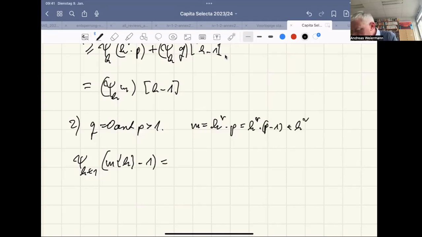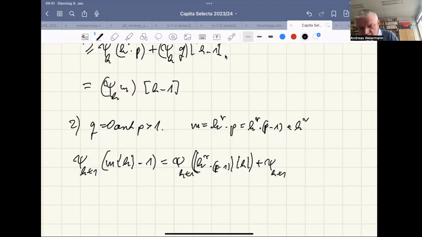So we subtract the 1 over here. What do we obtain? This is psi_{k+1} of k to the r times (p minus 1), base change in k, plus psi_{k+1} of k to the r minus 1.